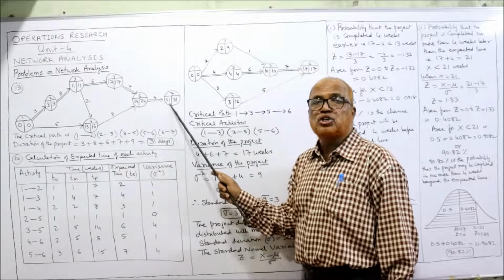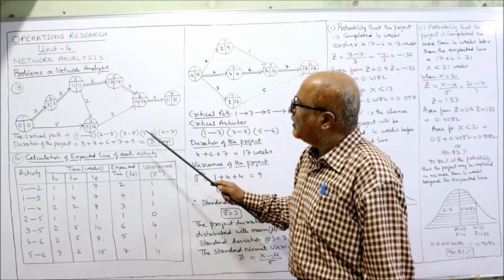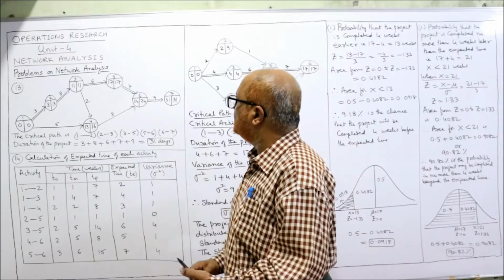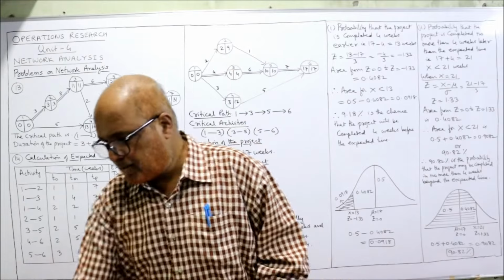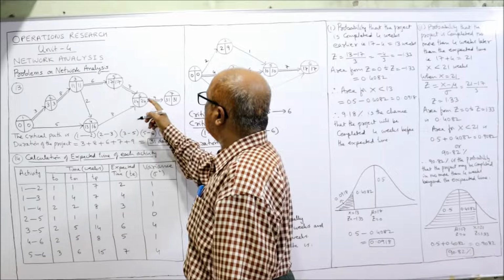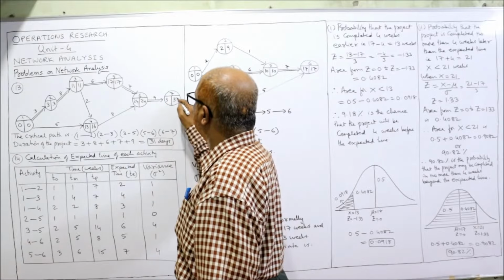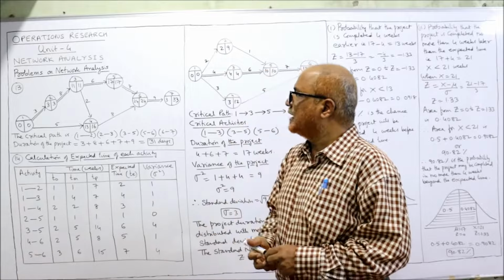Only one arrow is merging, so add up: 24 plus 9. It is 33, not 31. There was a mistake. 24 plus 9 is 33.